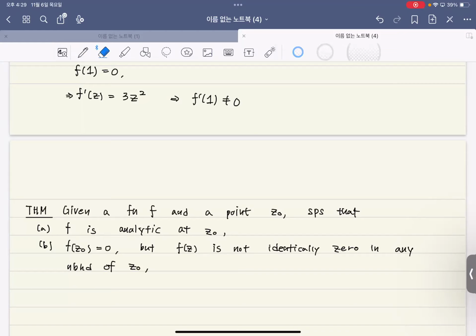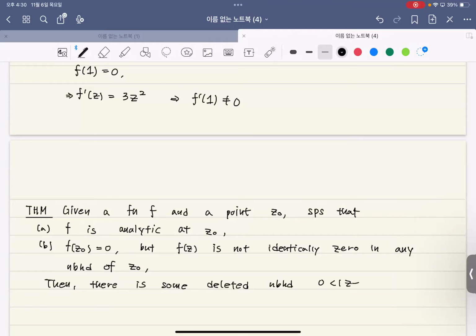Then there is some deleted neighborhood around the point, and f of z is never zero for all z in this deleted neighborhood.